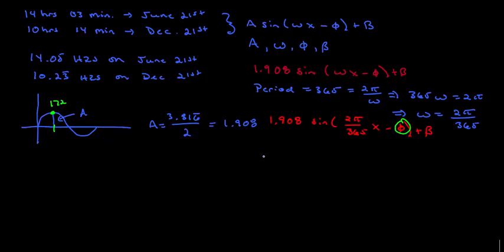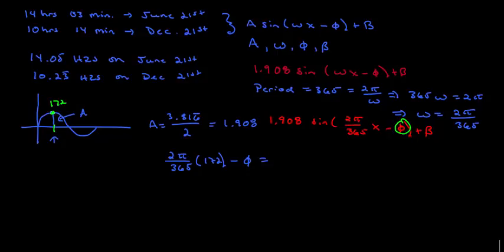I'm going to say the following. I want that inside guy, 2 pi over 365, and now I'm going to put in 172 for x. So on day 172, I want that thing to be equal to, now here's what I'm going to do, and there's other ways to think about this, but here's just kind of what I came up with in the office.